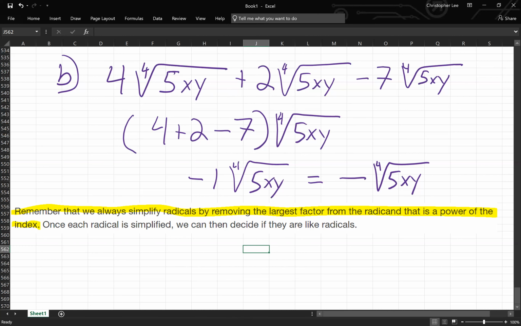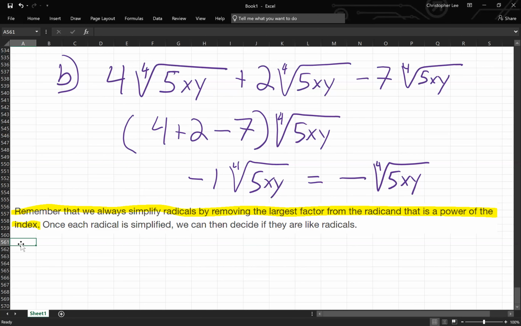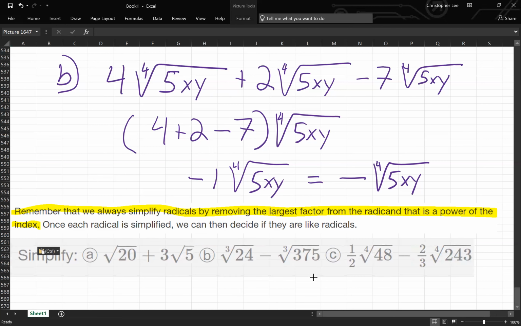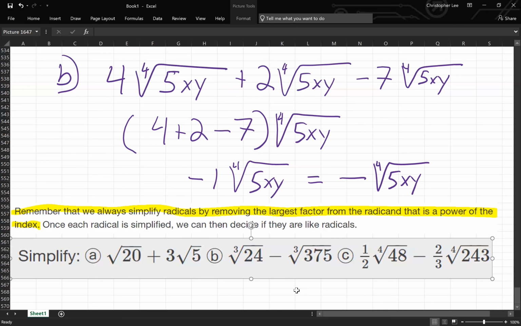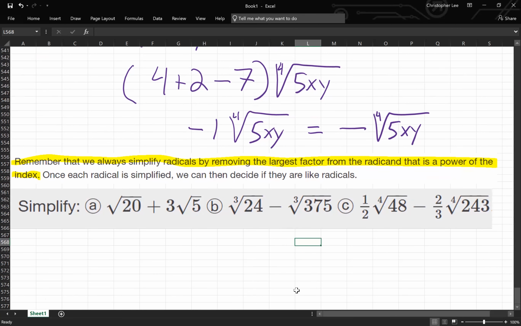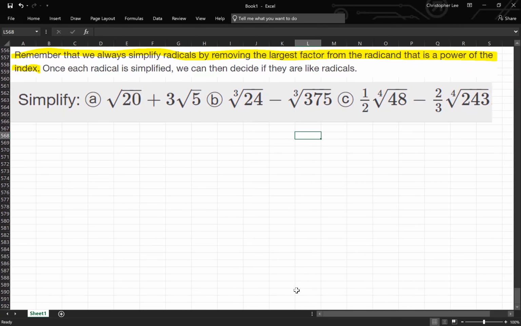So for example, now this is gonna look a little bit more like last night's homework. For A, I have the square root of 20 plus 3 times the square root of 5.